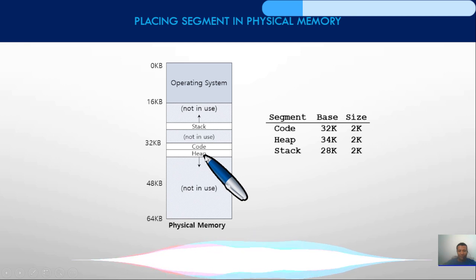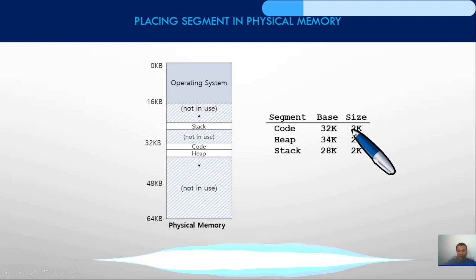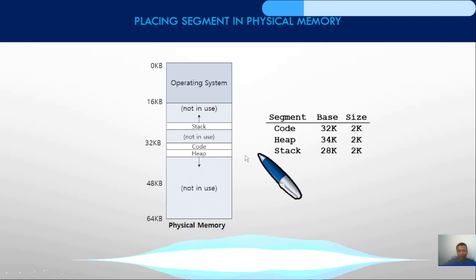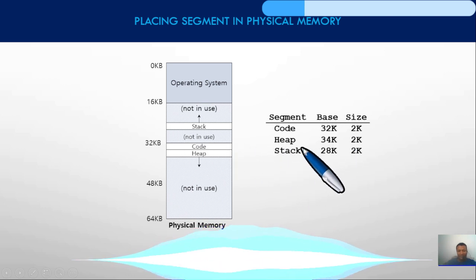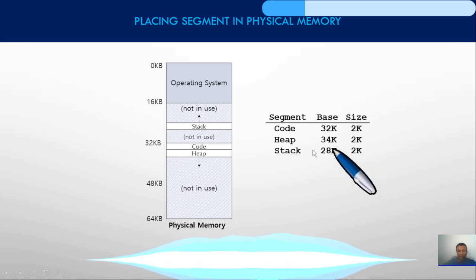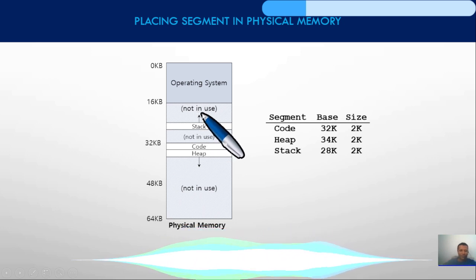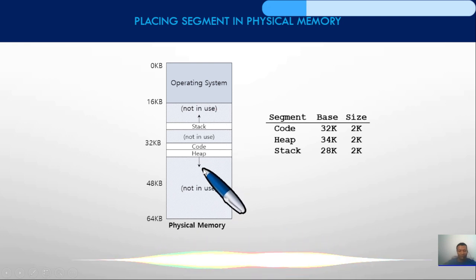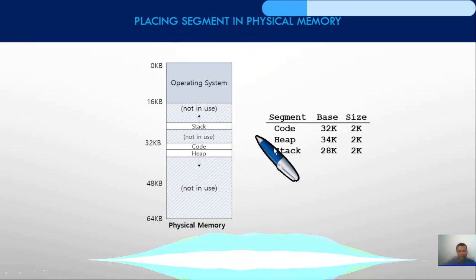The heap starts from 34K, because 32 plus 2 is 34, and the size is 2K. For the stack, the base address is 28K, around here, and it has 2K, and it is going up. Consider this, don't forget: the stack grows in the negative direction and the heap grows in the positive direction. We will see the impact of this, but the idea is that segments are placed in the physical memory like this.